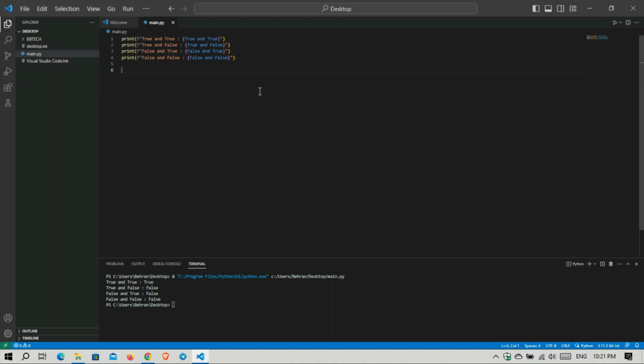Well, in logical operators, the or operator is false only when all propositions are false.